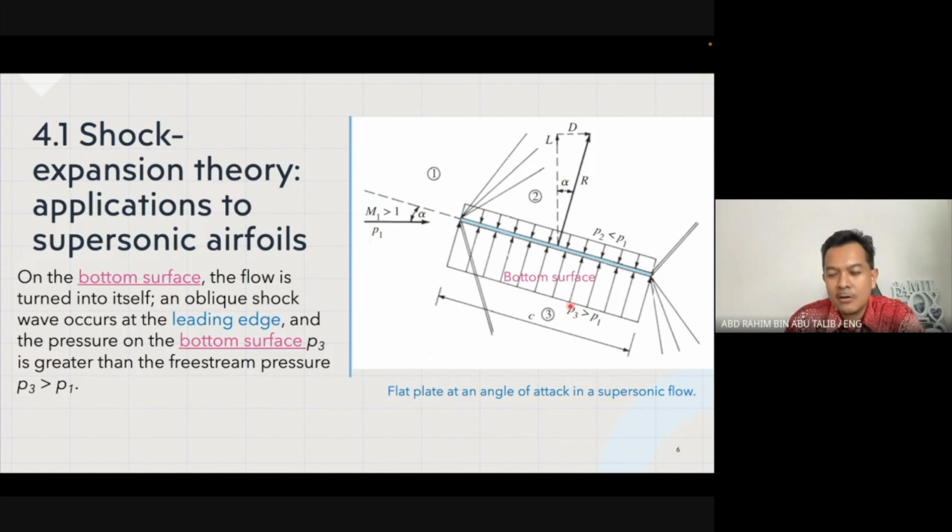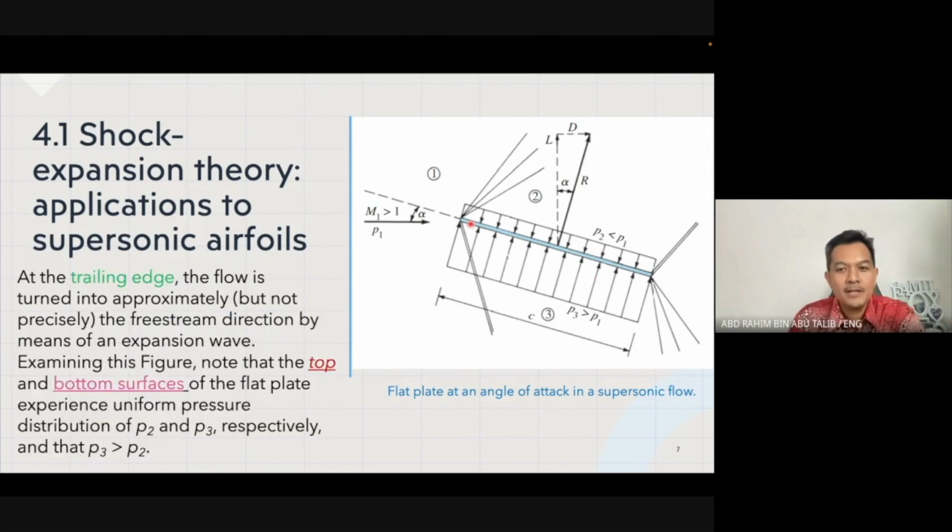So compared to the top surface where P2 is less than P1, the pressure at the bottom surface, P3, is greater than P1, and that's what happens when the flow goes across the flat surface at an angle in supersonic flow. All right.